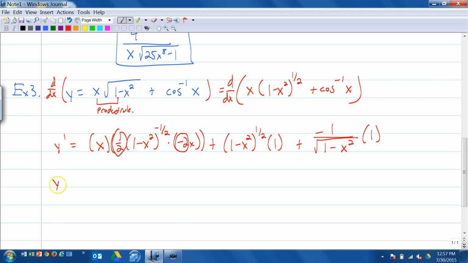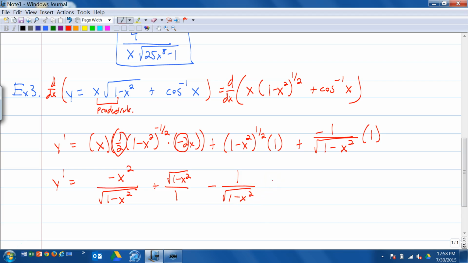So we get a negative x squared over, because this was a negative exponent, the square root of 1 minus x squared. Okay? Plus, I have the square root of 1 minus x squared on top over 1 minus 1 over the square root of 1 minus x squared.